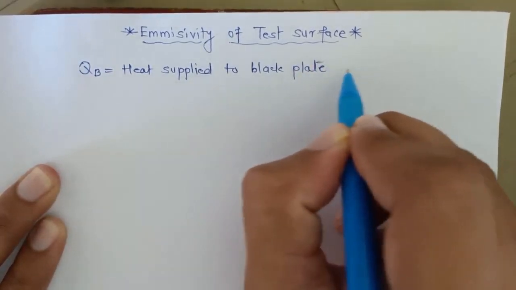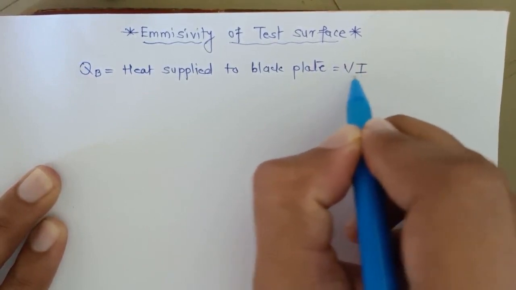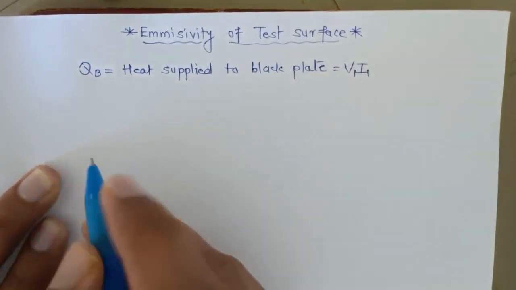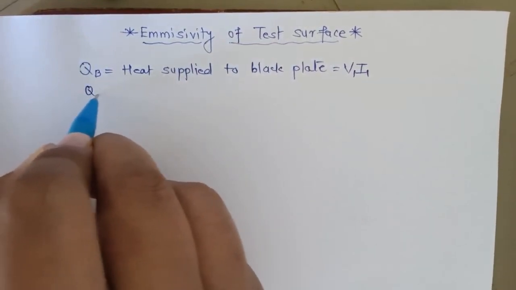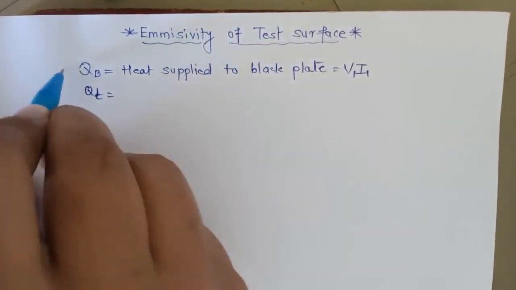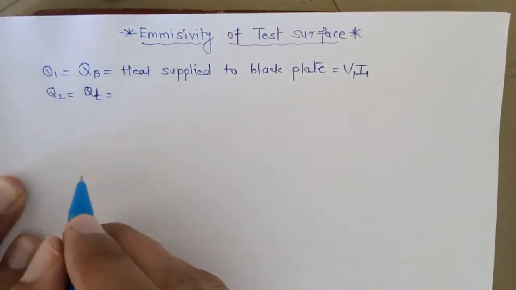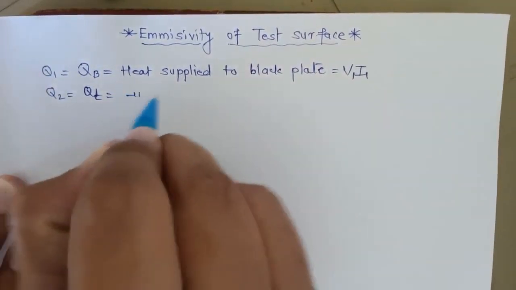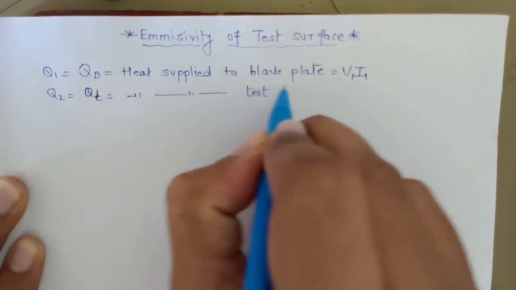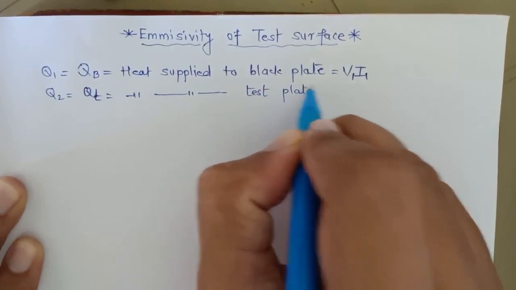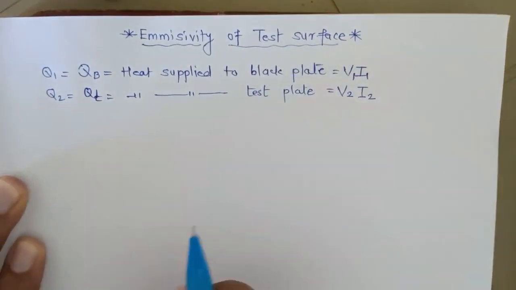It is simply the multiplication of current and voltage supplied to the black plate. Then there will be Q test disk, or QT, or you can also call them simply Q1 and Q2, that is your choice. This will be the heat supplied to the test plate or white plate. Remember, this will be at some different voltage and at some different current.